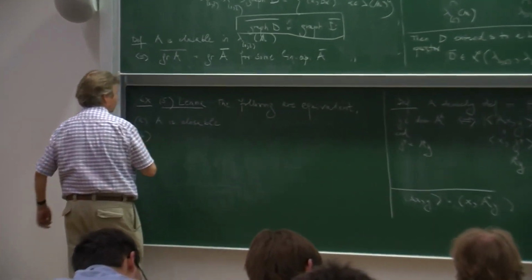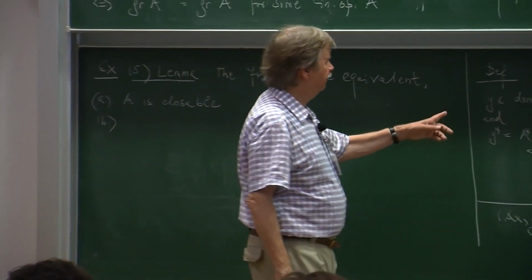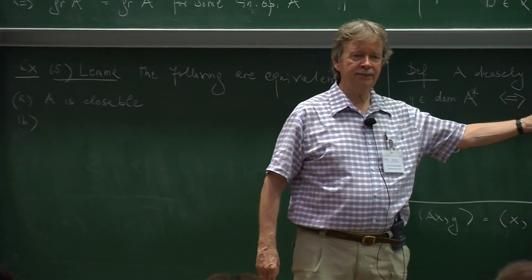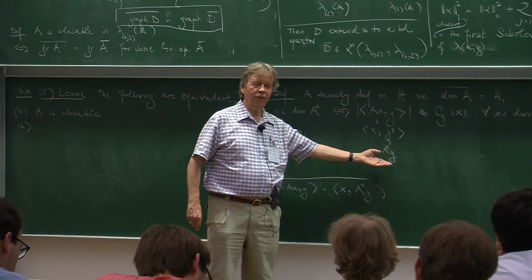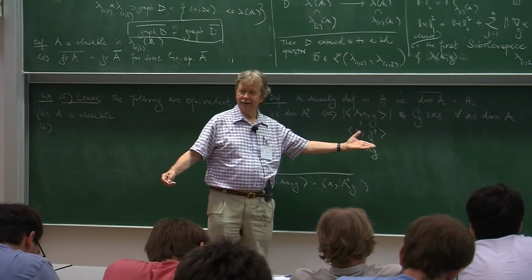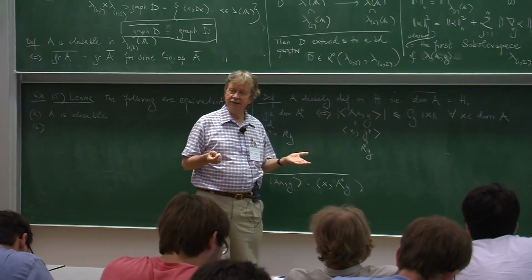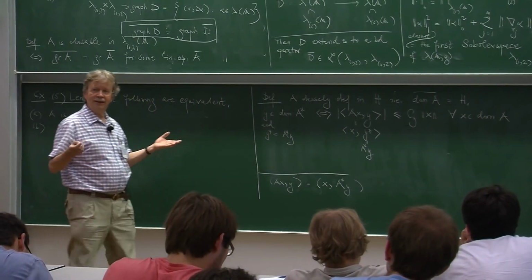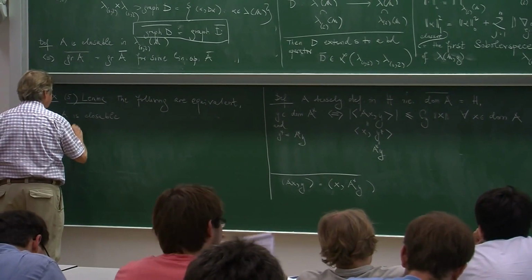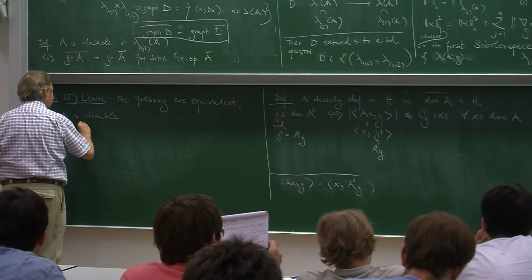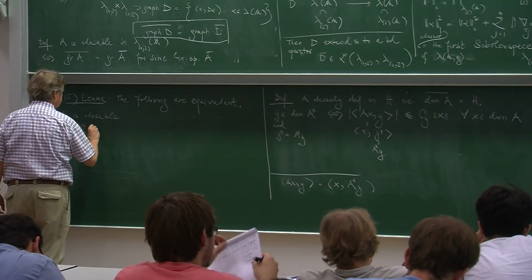B, you see, if I do this, I find a certain subspace where these y, which form the domain of A star, lie. But nobody tells you that this subspace is dense. It could be anything. So this is equivalent to: the domain of A star is dense.